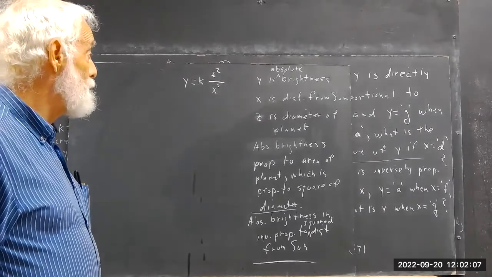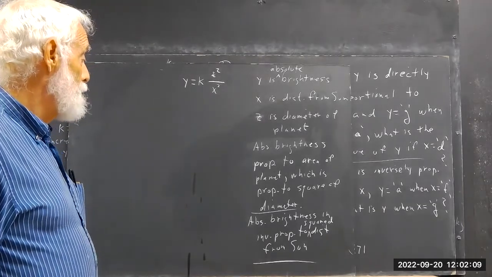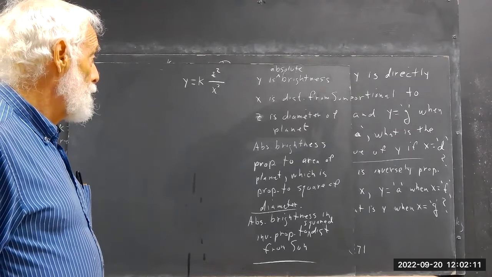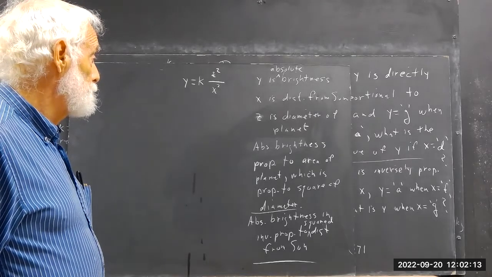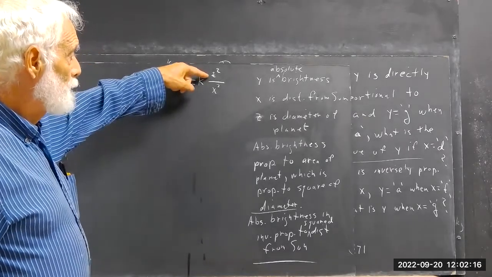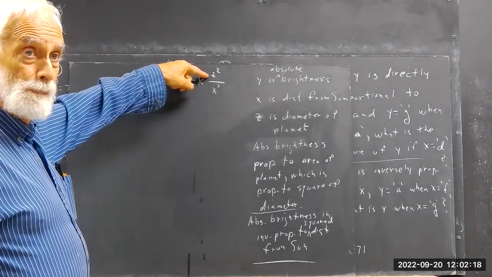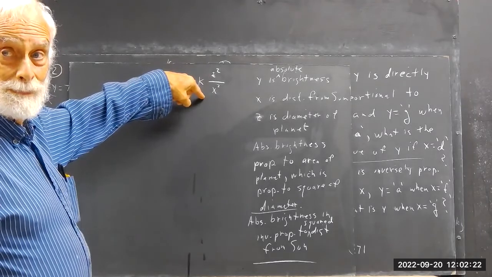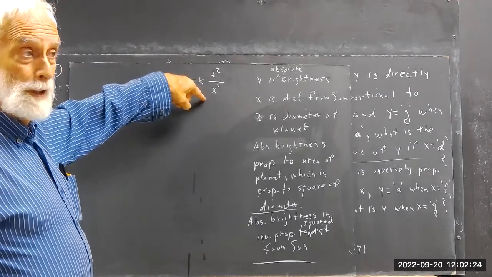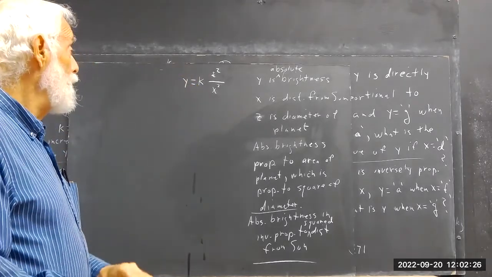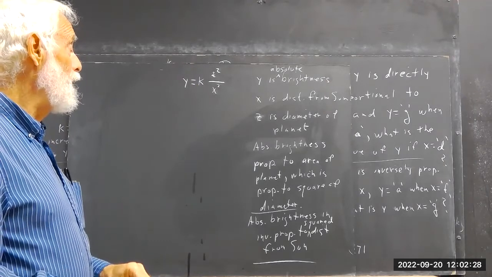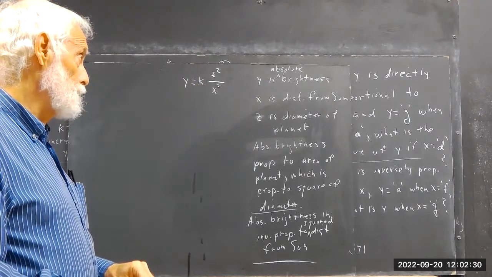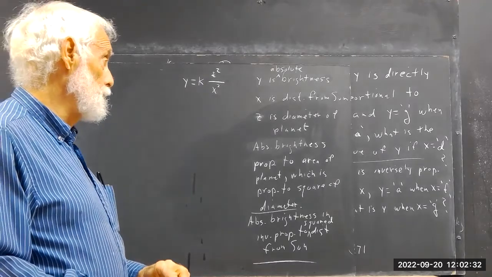Which means if Jupiter has 10 times the diameter, but it's 10 times as far from the sun, it has about the same absolute brightness. Now, I don't think it's right, but that's what my conclusion is.